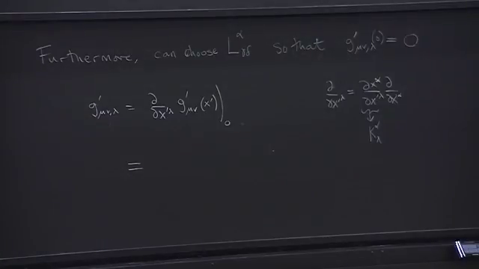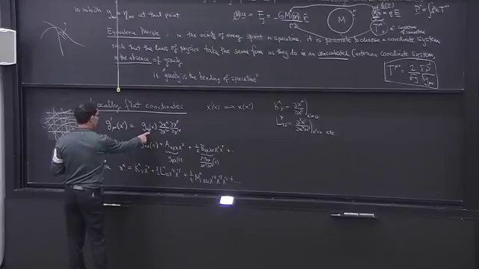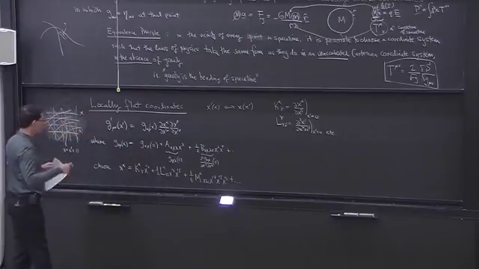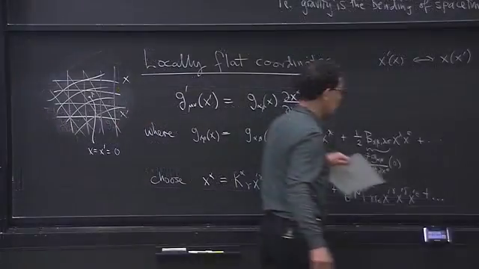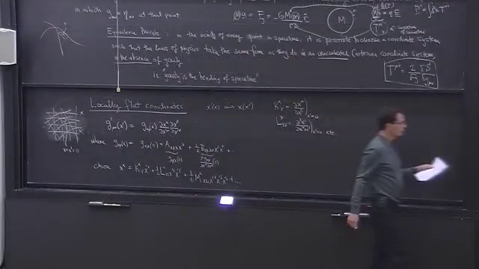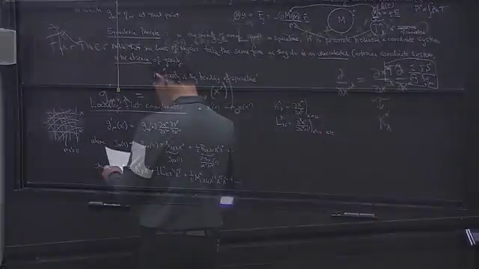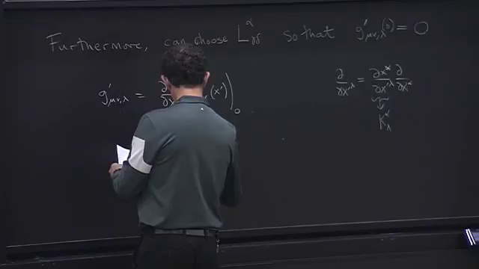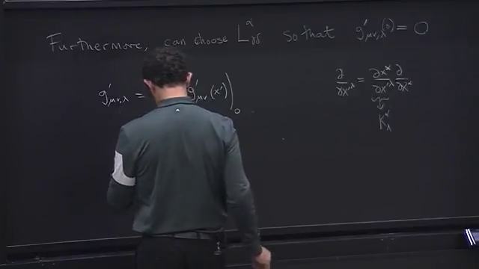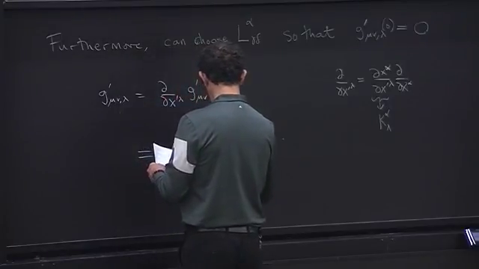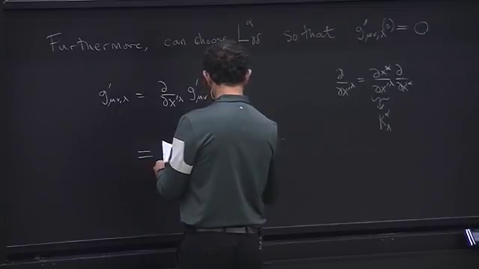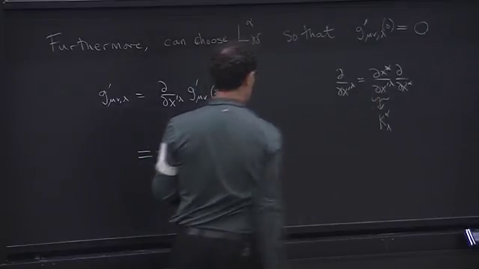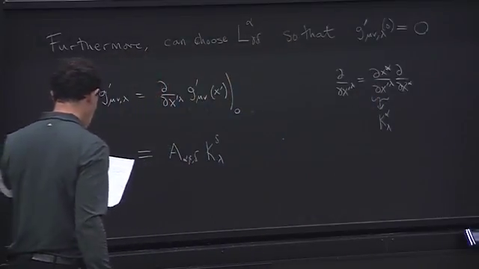Firstly, you will get the derivative of the metric at the point 0, which is this quantity A. So you get A alpha beta comma delta, and then you get k delta lambda coming from the transformation between x and x prime.